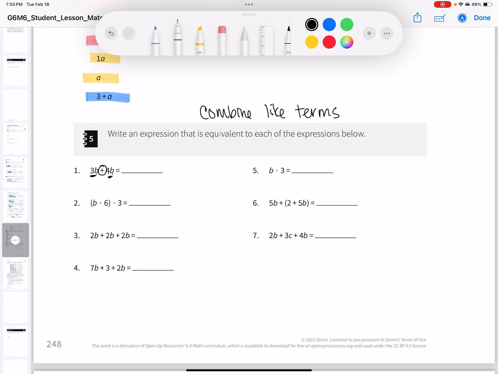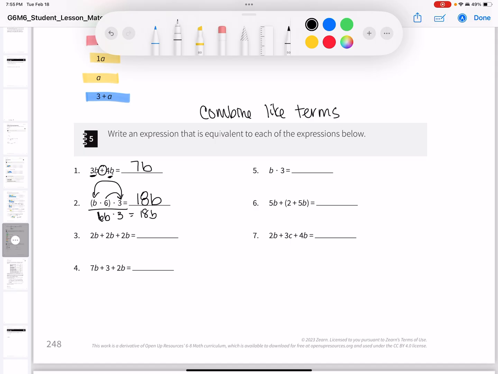That can be 7 times b because it's still copies of b. Now this, we can multiply in any order. There's a property of that, right? So that means I can do 6 times 3, which is 18, and I can do 18 times b, and that works. Or you do what's in the parentheses first. Okay, 6 times b is 6b, times 3 is 18b.